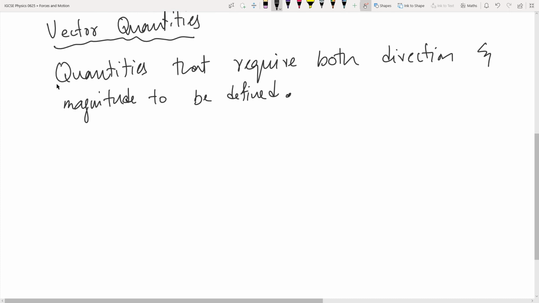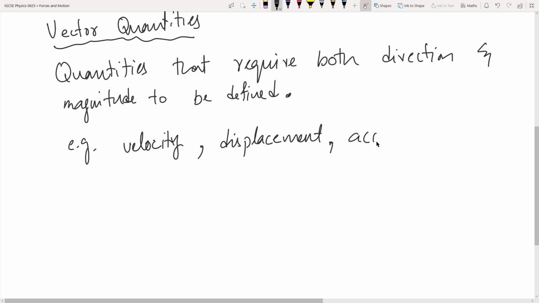So we have examples. For example, we have velocity. It's a vector quantity. We have displacement, which is the position change, unlike the path which we discuss in distance, right? Then we have acceleration. As I said during the discussion of acceleration, I discuss acceleration for velocities rather than just speeds, because acceleration is also a vector quantity. Then force, which is a combination of one vector quantity and one scalar quantity, but still force requires a direction, so it is actually a vector quantity, right?